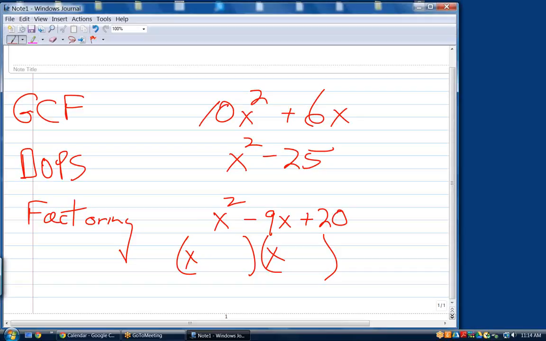So let's master the easy ones. Trust me, you can master that, and with these first level ones, you're going to do fine. You have to master them to the point that no matter what I give you, you can do it. You're going to do great in algebra if you can do this. And it's not that hard.